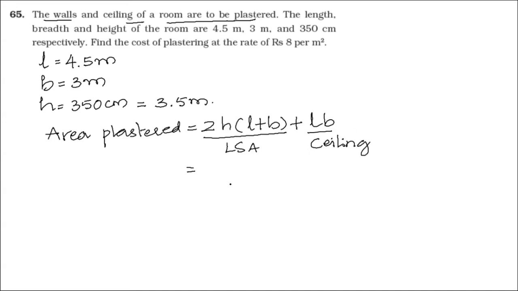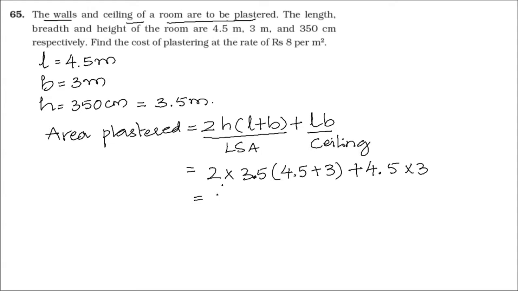Let us substitute and find out the area plastered. 2 times 3.5, the height, multiplied by 4.5 plus 3, plus length into breadth, 4.5 into 3.